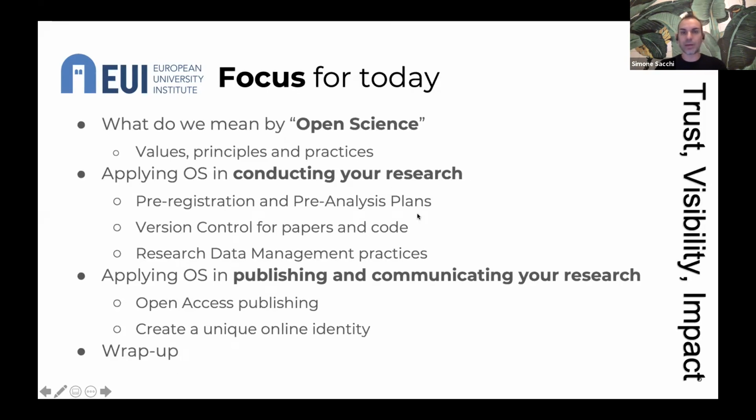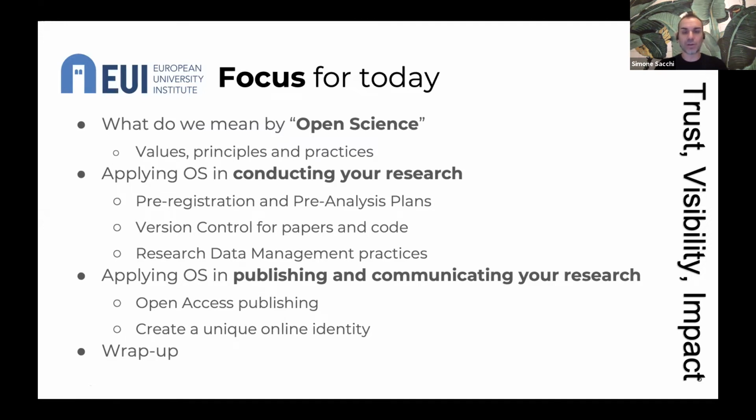Okay, so a little bit of an agenda for the focus of today. We will start with a very short introduction on the core values, principles, and practices of open science, generally speaking, and we'll move quickly into some practical approaches for you to take up during your research.